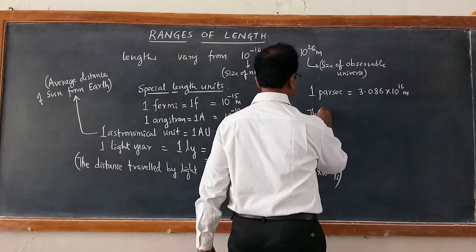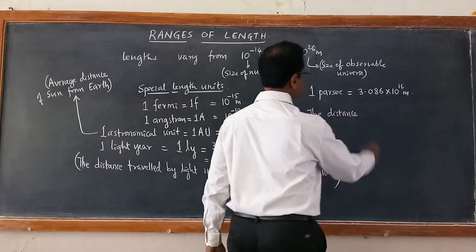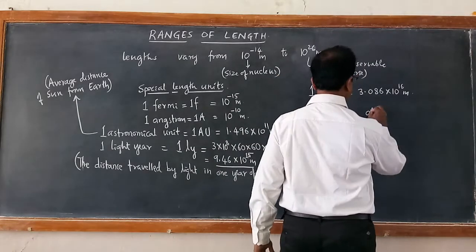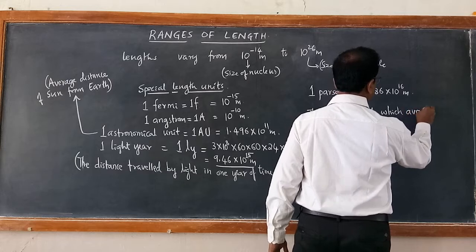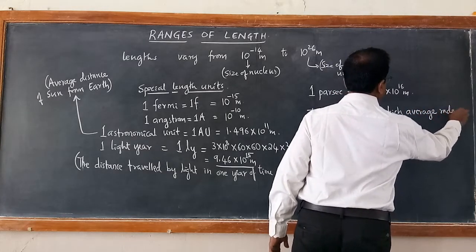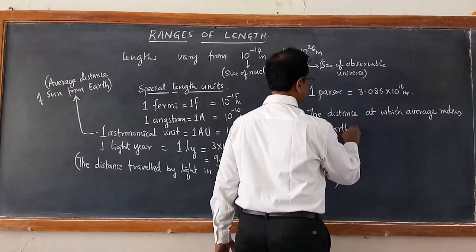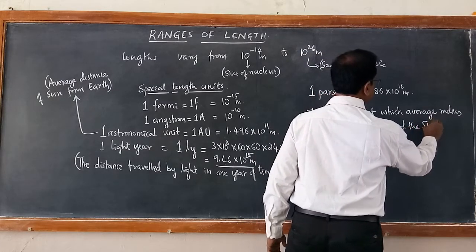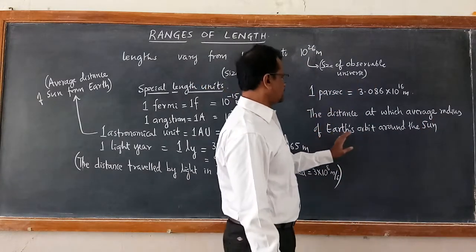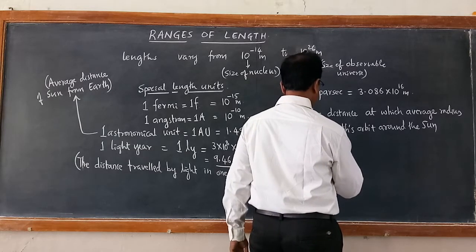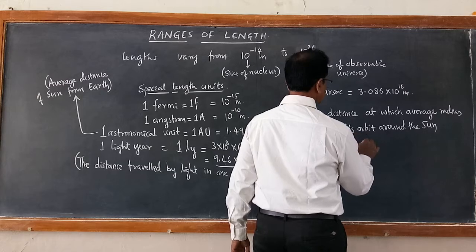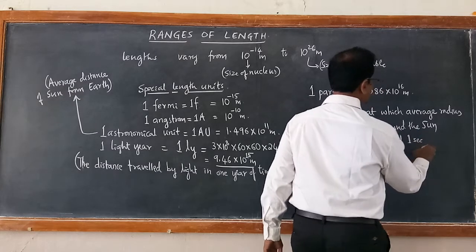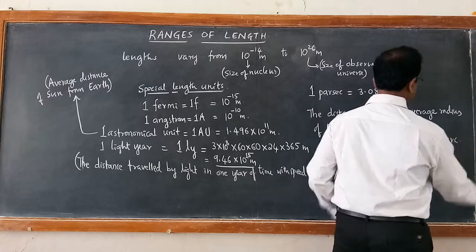The distance at which average radius of Earth's orbit around the sun subtends an angle of 1 second of arc, or 1 arc second.